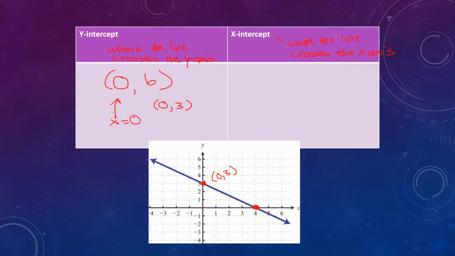It's right here where it's crossing the x-axis. X value is 4, and that's when y, the up or down, is 0. 4, 0 would be an example of that. And so the y part of the coordinate pair is always 0 on the x-intercept.